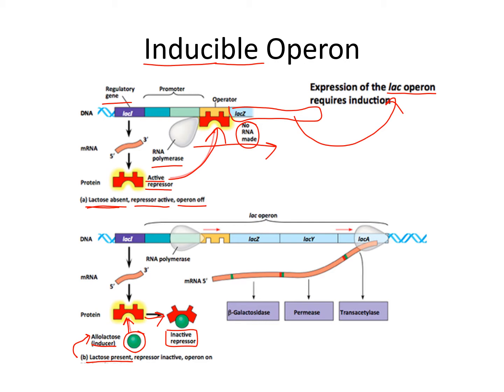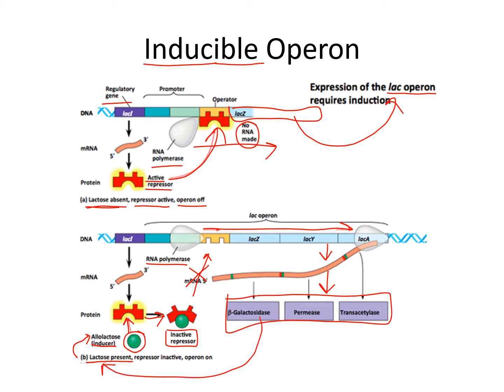So because this repressor is inactivated, it cannot bind to the operator. So because the repressor is not bound to the operator, the RNA polymerase can slide along the DNA. It can transcribe those 3 genes, and they get translated into the 3 types of enzymes that break down lactose. So now the cell has these 3 enzymes to break down lactose, and it can use lactose as a food source, a nutrient source.